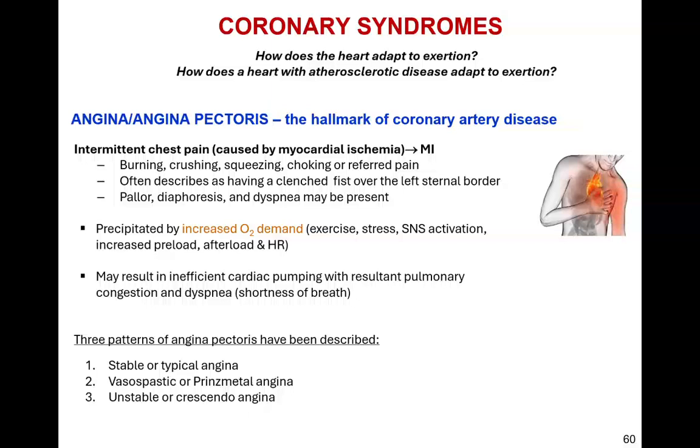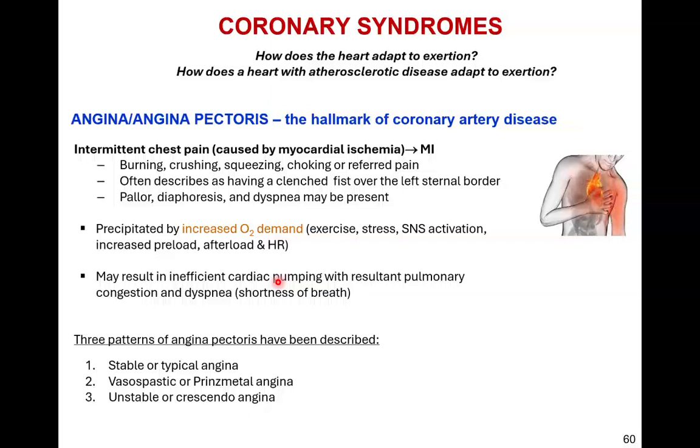So angina pectoris, I've said there it's intermittent chest pain, and sometimes it's described as a kind of diffuse pain over the anterior chest wall. Some patients have described it as experiencing pressure or a cramp or a crushing sensation.